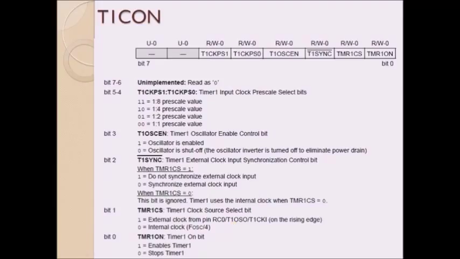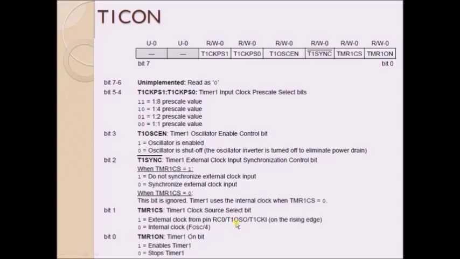If it is acting as counter, then it will get the clock signal either from T1 CKI, that is timer 1 clock input, or else from the external oscillator, that is crystal oscillator T1 oscillator. So if you're programming this timer 1 CS to 1, then this peripheral would be acting as counter, and it can receive the clock signal either from T1 CKI or from the timer 1 oscillator, that is a separate crystal oscillator.